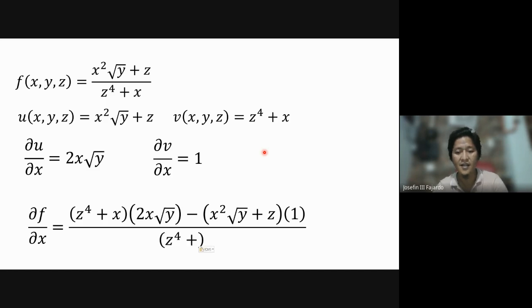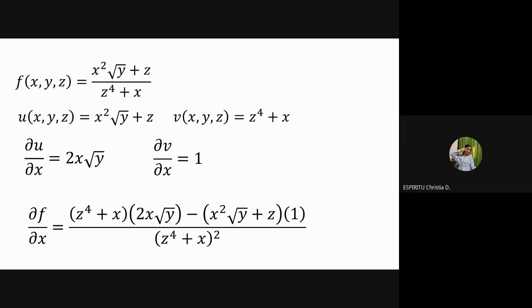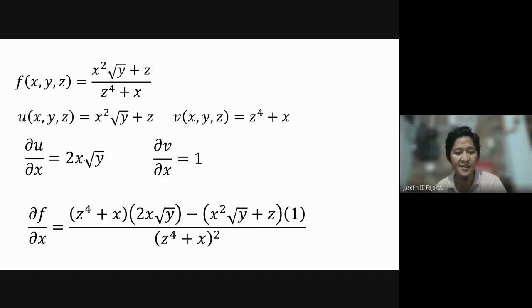Okay, lagyan natin si denominator, muna si x, square. Can you follow? Malinaw po ba yun? Yes po, sir. Try na lang natin siya. Then, you're done.